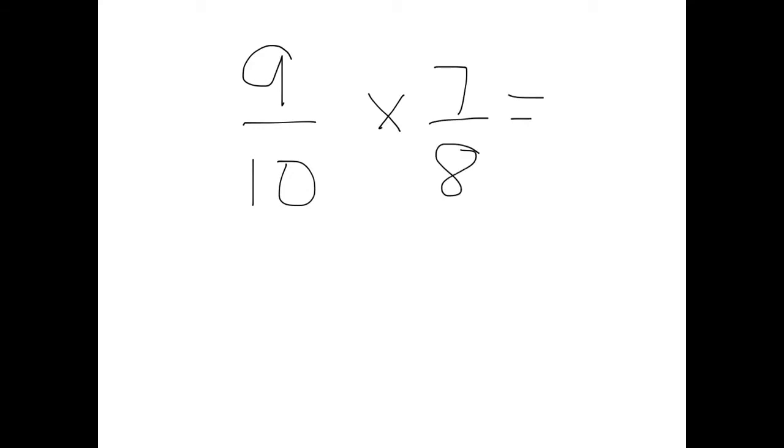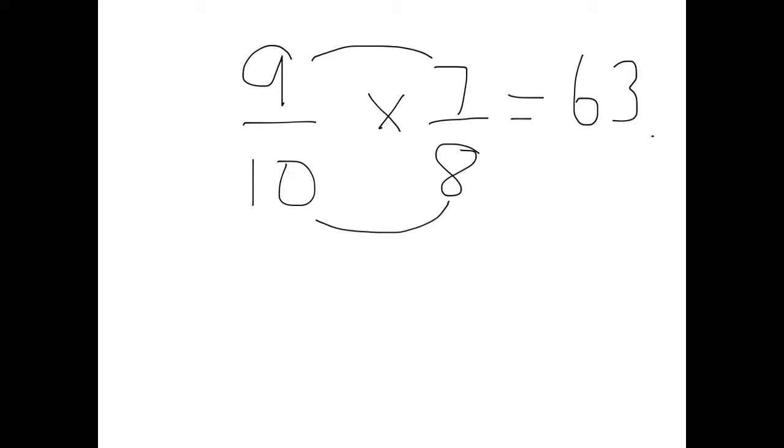9 over 10 times 7 over 8. Okay. Jade, what will I multiply together first? 9 sevens. What are 9 sevens? 63. Good girl. And then, what will I multiply, Jade? 10 and 8.